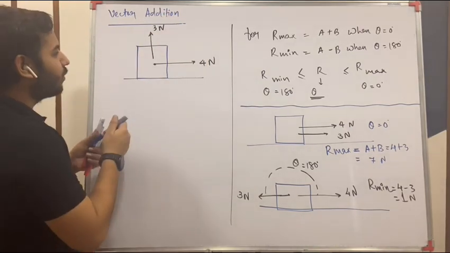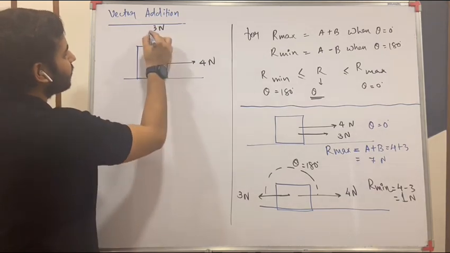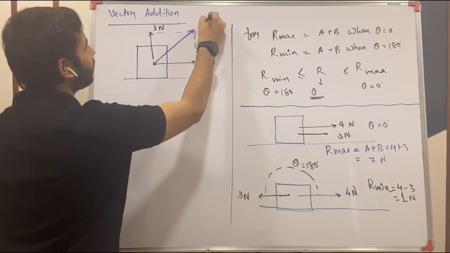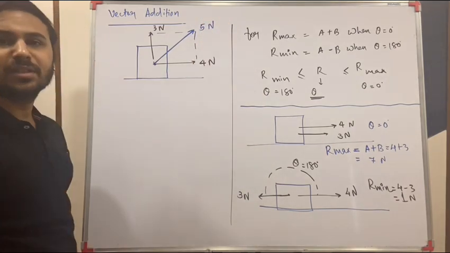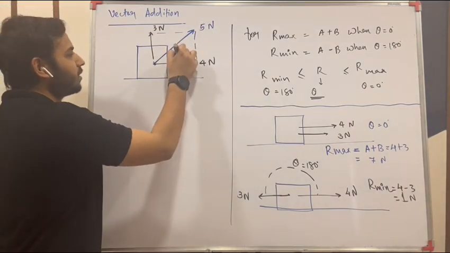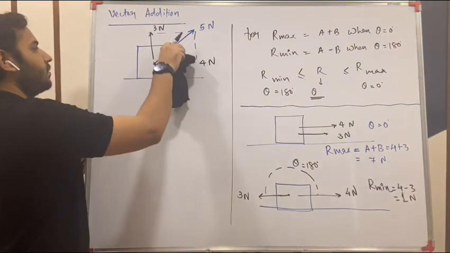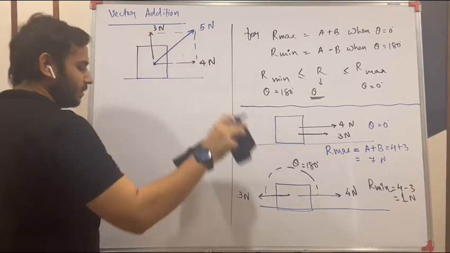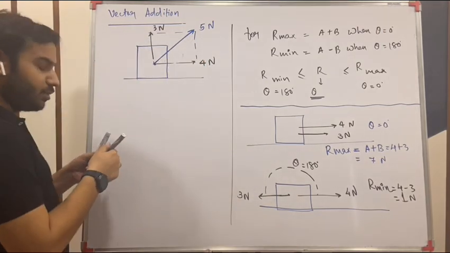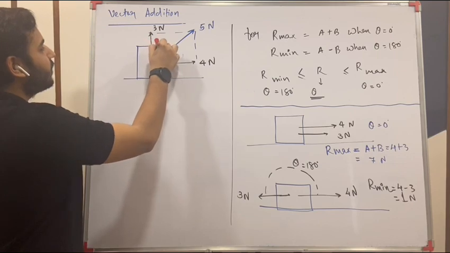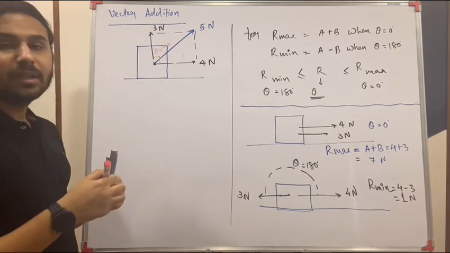The resultant force is this 5 Newton, and here is the alpha. The angle between these two forces, theta, is 90.